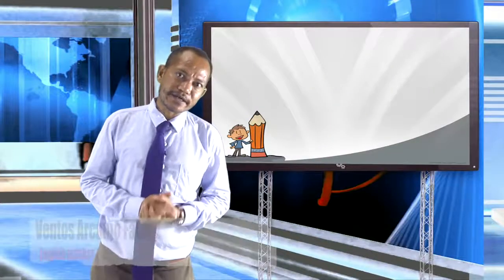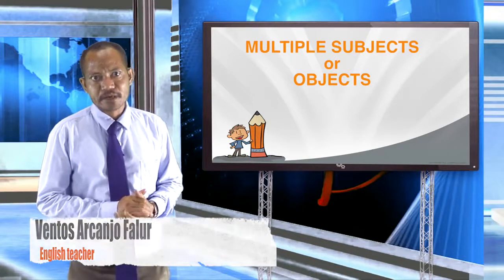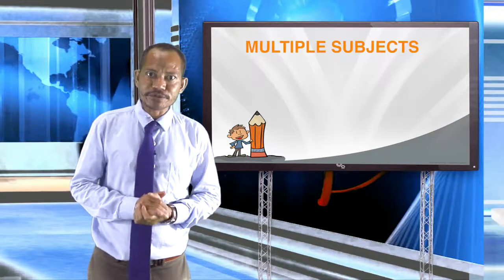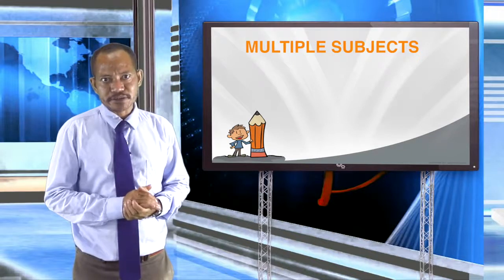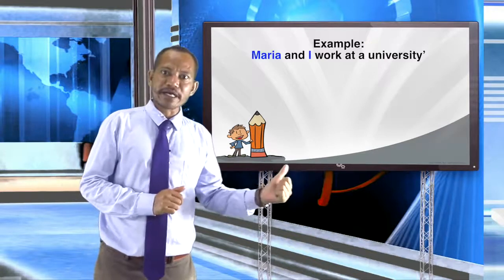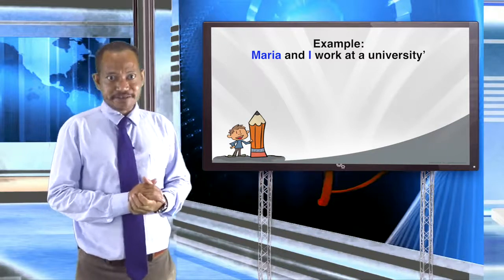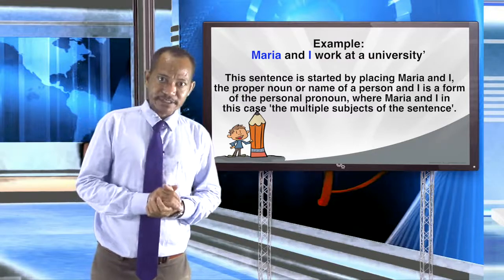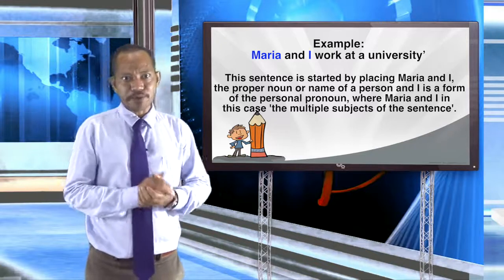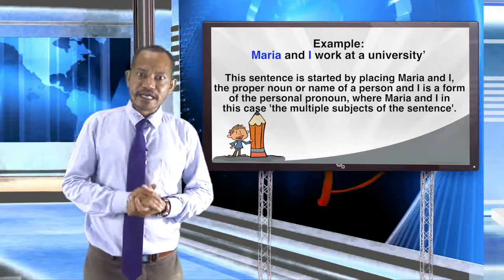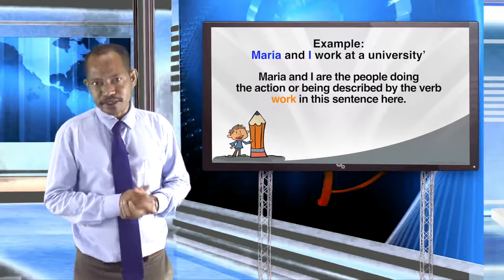Alright, now let's look at how we use multiple subjects and objects. But first, let's look at how we use multiple subjects. When we start a sentence with multiple subjects, as in this example, Maria and I work at a university, this sentence is started by placing the multiple subjects, Maria and I, where Maria is the proper name or proper noun of a person, and I is a form of the personal pronoun known as the subject pronoun.